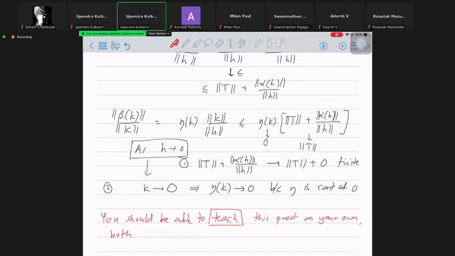Both top down and bottom up, both ways you should be able to explain this.